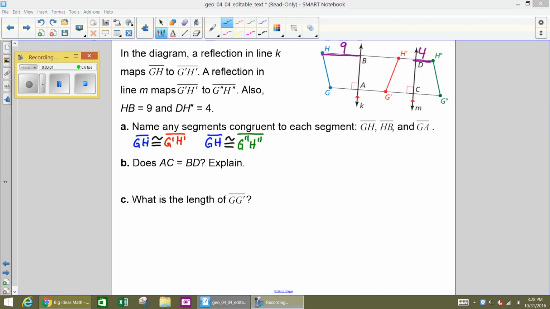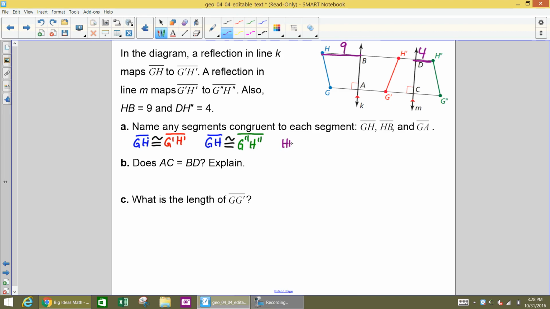We are also able to say that segment HB is congruent to segment H prime B. And lastly, we're able to say segment GA is congruent to segment G prime A. So let's mark those.